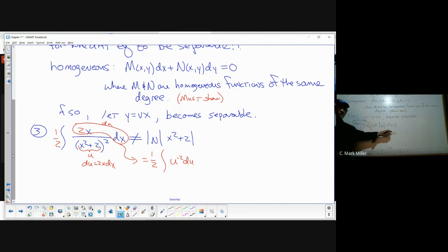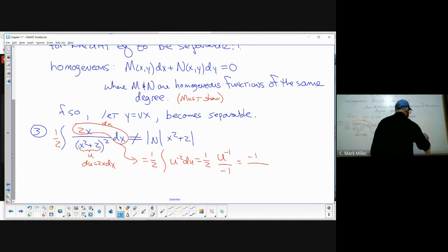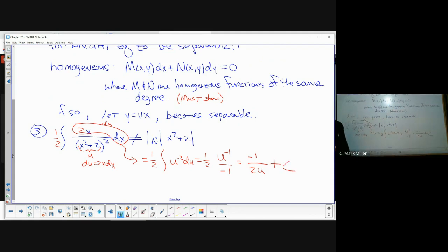You add 1 to the exponent, divide by the new exponent. It's not a log. So you add 1 to the exponent, divide by the new exponent. Right? And that is something like that.